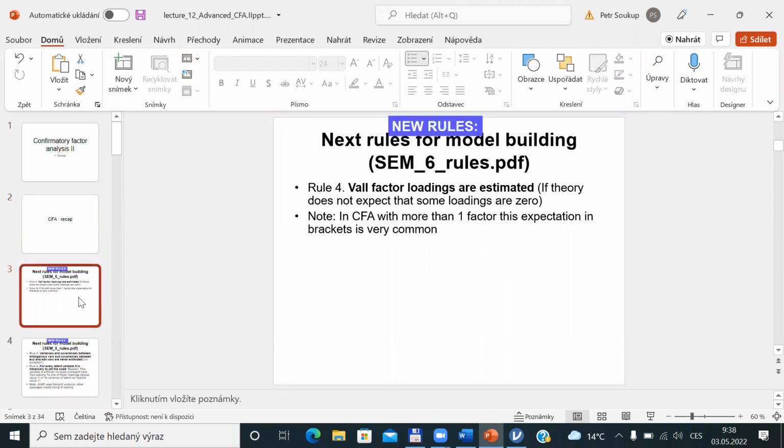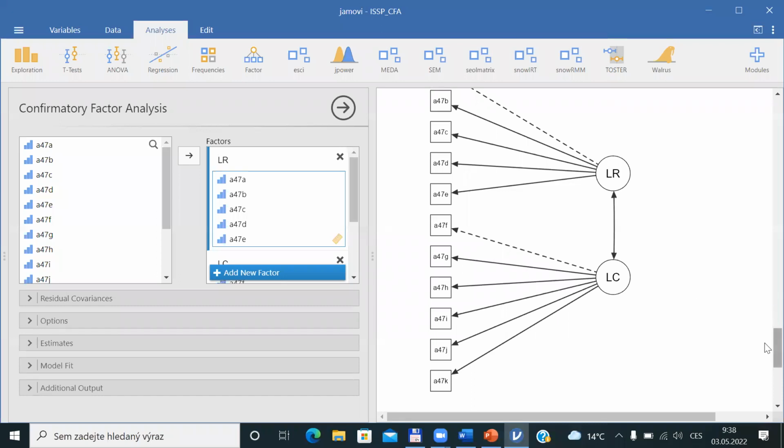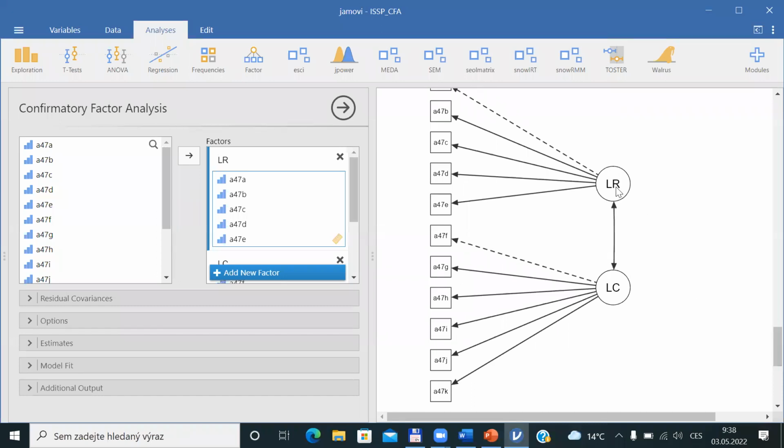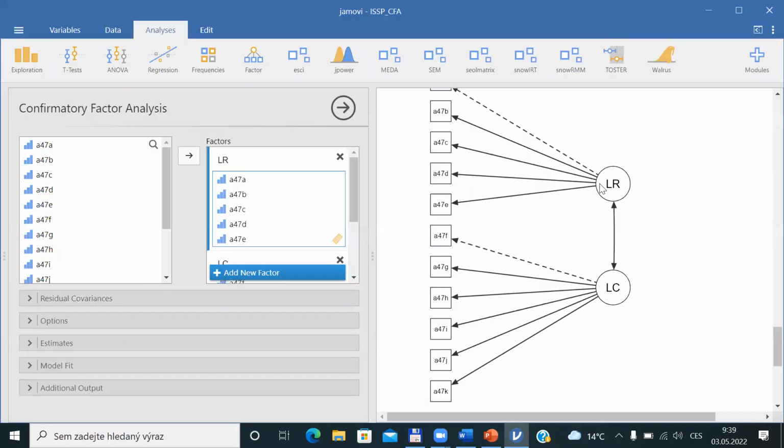So rule number 4 says that all factor loadings are estimated if the theory doesn't expect that some loadings are 0. And once again, I can show you our previous example. So here it is, the left-right scale and the liberal-conservative scale. According to rule number 4, all loadings, so also this one, this one, this one, should be included.